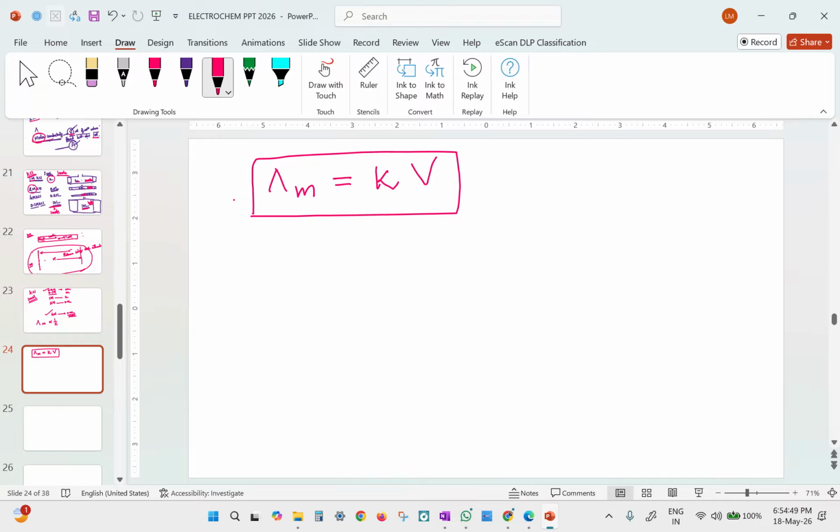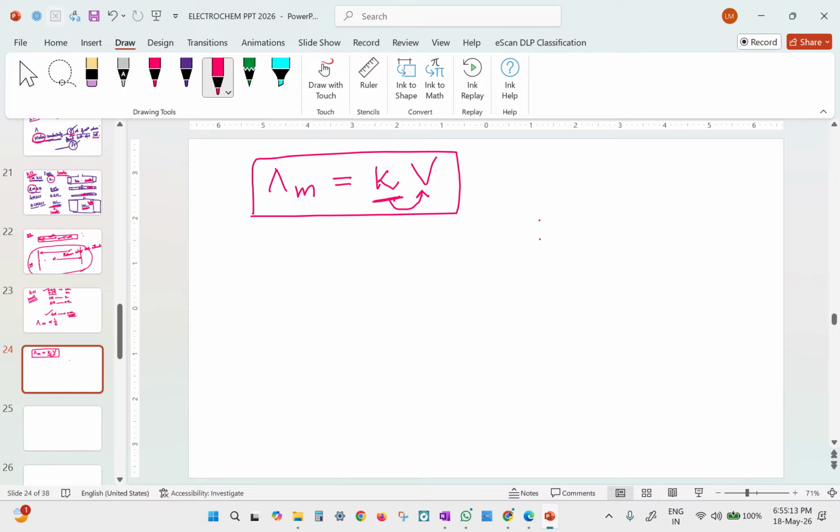What is molar conductivity? How do you define it? It is the conductivity of V volume of solution which offers me 1 mole of electrolyte placed between electrodes at unit distance and area of cross section A. Is that expression clear? Yes, ma'am.